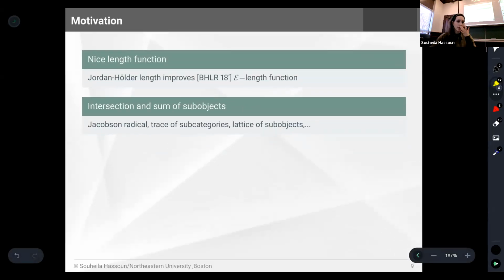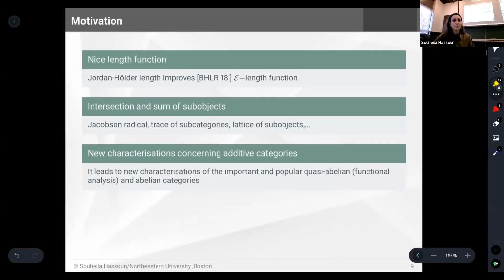And then to define this length function, we needed the Jordan-Hölder property. And so to study which categories satisfied this property, we needed to define intersection, sum, radical, etc., which are nice objects that behave well in general in the abelian case. So we needed to study these notions in the exact case.